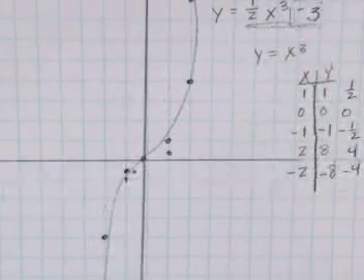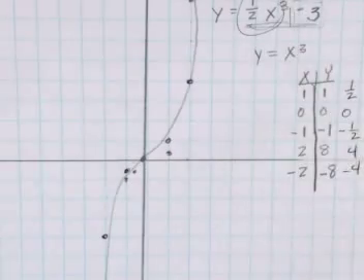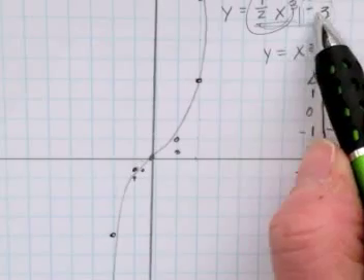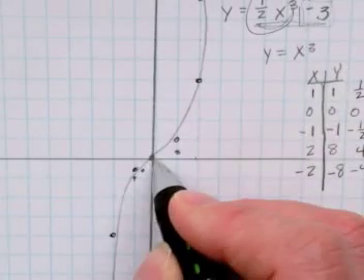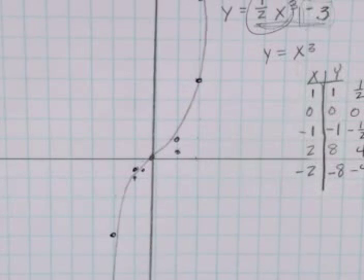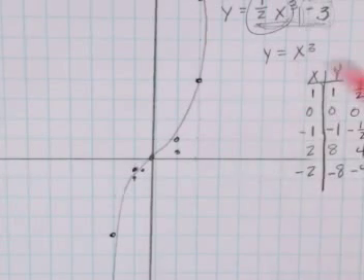So I've successfully done the compression that I've been asked to. And now I need to shift down 3. So let's take each one of our points and shift each one of our points down 3. So when we get to the end, we'll have the transformed function we were looking for.